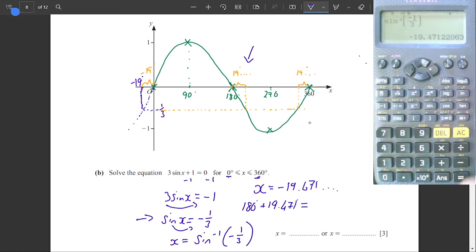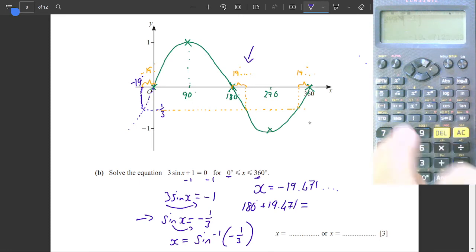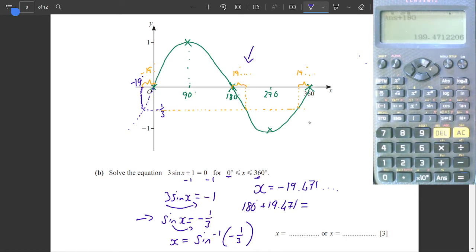Got it on there. Just make it positive by multiplying it with negative 1, and then add it to 180. Bam, we got our first answer. And remember, these are angles, and it says in the front of the paper, always write angles to one decimal place. So that's 199.5. And to find our answer here, we're going to subtract it.